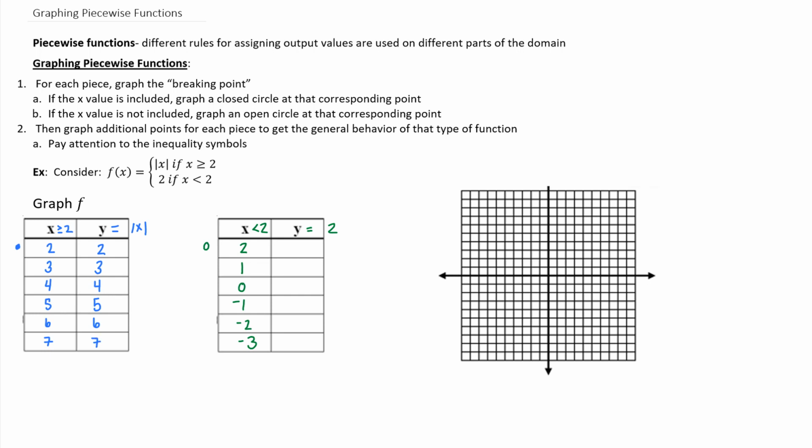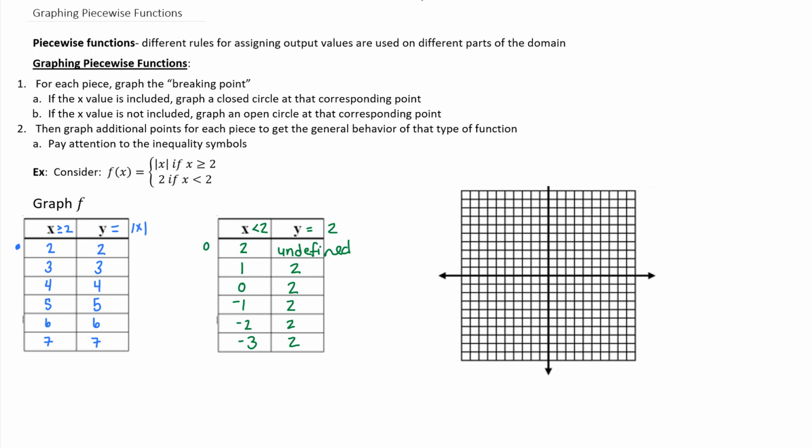For the second piece, when x is 2, it's technically undefined there. That's why I put that open circle. But when x is 1, y is 2. When x is 0, y is 2, etc. Everybody gets a 2 for their y value, for their f of x value. So then now we can go ahead and graph this.